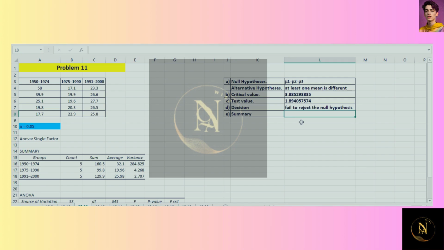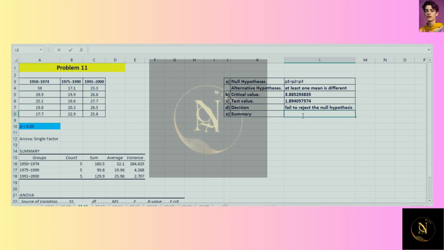This simply means that when you look at these different time periods, you'll find that the mean for weekly attendance is not significantly different.